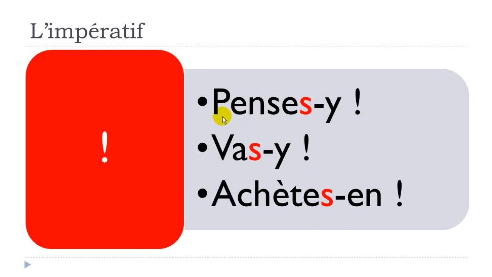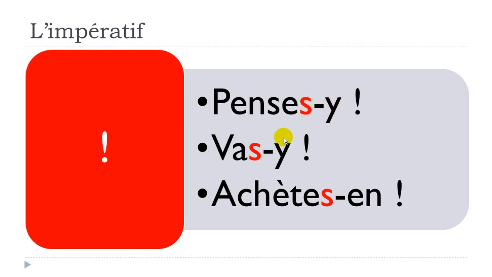So in that case, for instance, remember, pense, from the first group, normally when you put this imperative, you shouldn't put the S. But then if you put this Y, this pronoun after, then you will have to put back this S just to produce it orally, because you will pronounce it penses-y.